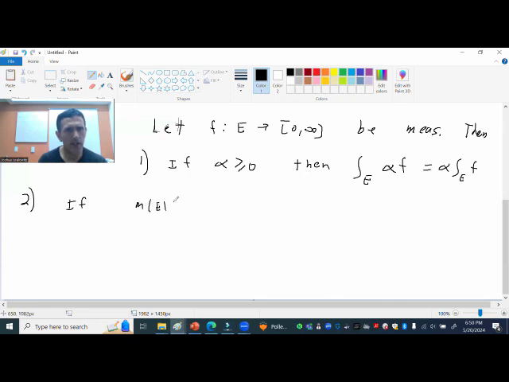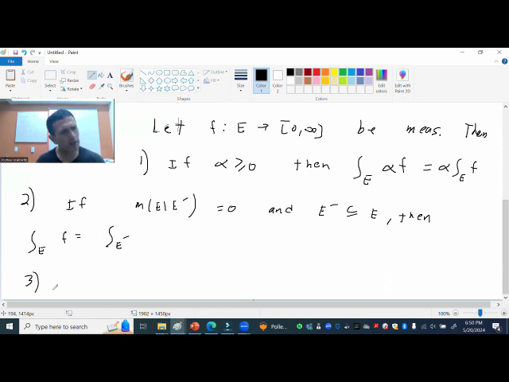Okay, two. This says I can always excise a set of measure 0 from integration. This is something you'll use over and over and over again, and then use some more. Okay, and last but not least, and I'll try to go as quick as I can for these proofs.